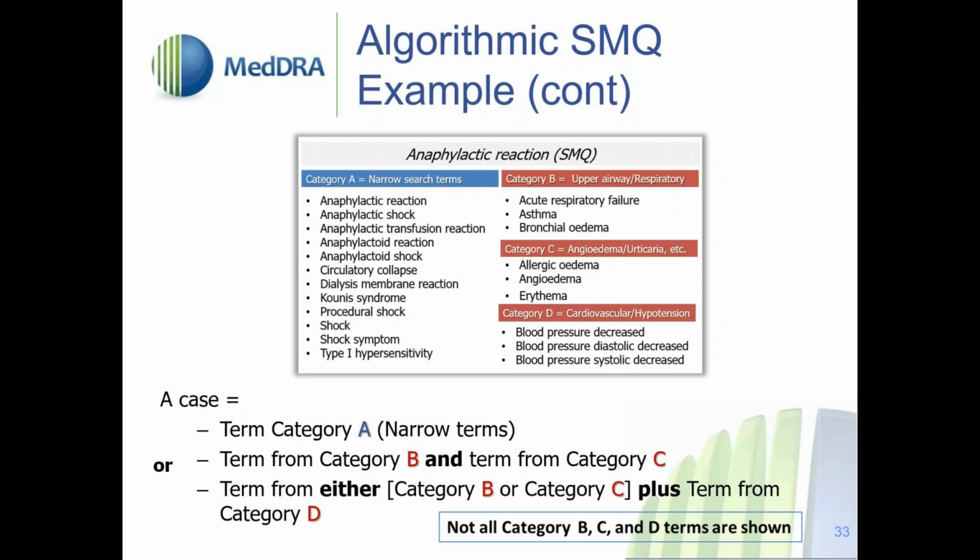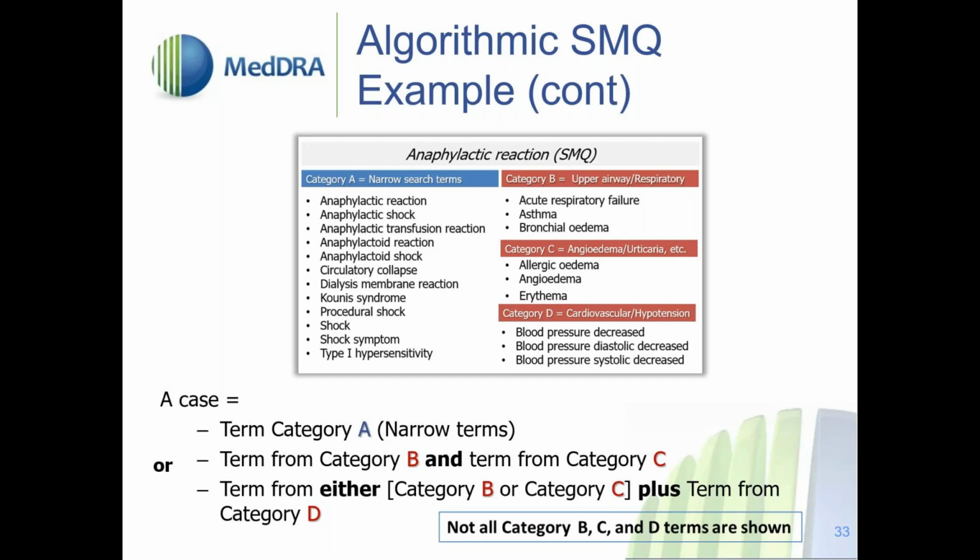So if you say anaphylactic reaction, of course, that's very specific. Even shock is very specific. Circulatory collapse is very specific. But when you think about signs and symptoms of anaphylactic reaction, there could be respiratory signs and symptoms. There could be skin and cutaneous signs and symptoms. There could be cardiovascular signs and symptoms.